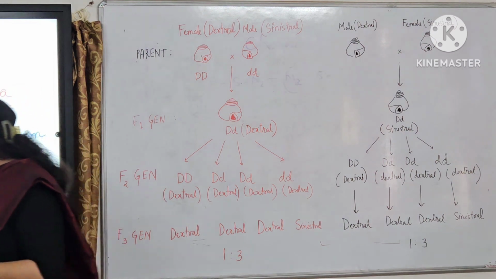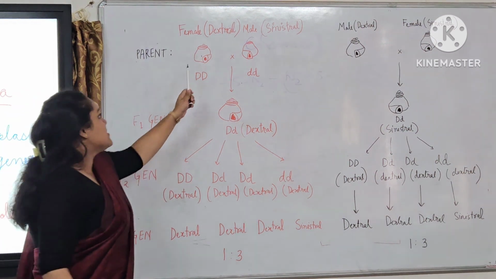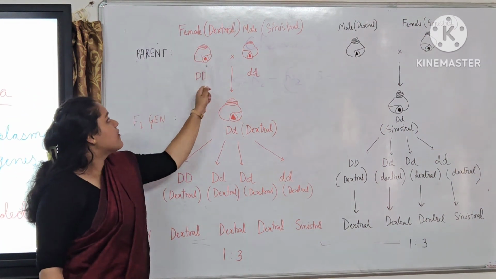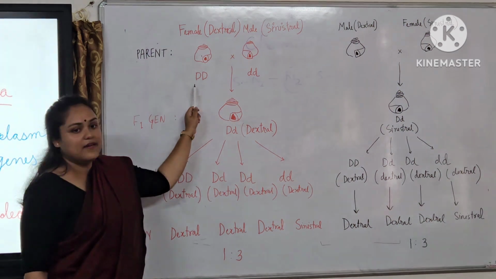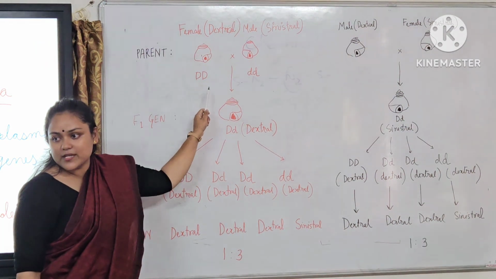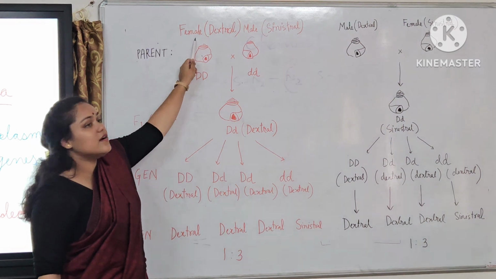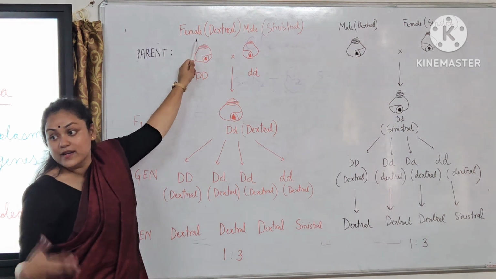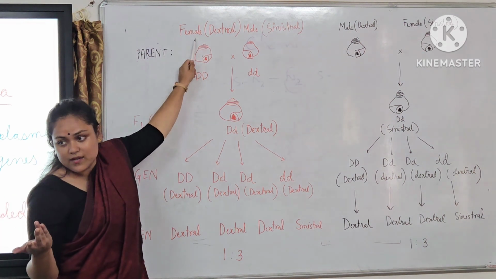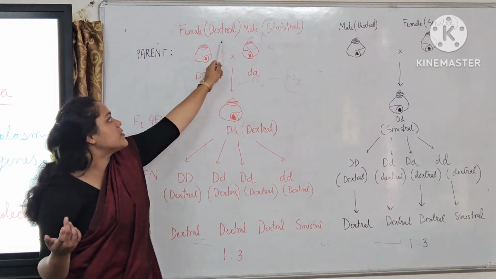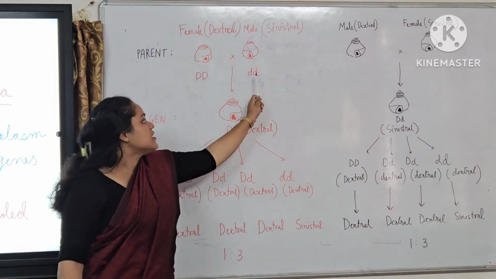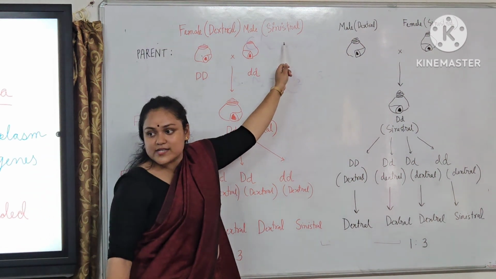See the genotype of the female. What is the genotype? Capital D. When it is capital D, the phenotype will be dextral. Small d, phenotype will be sinistral.